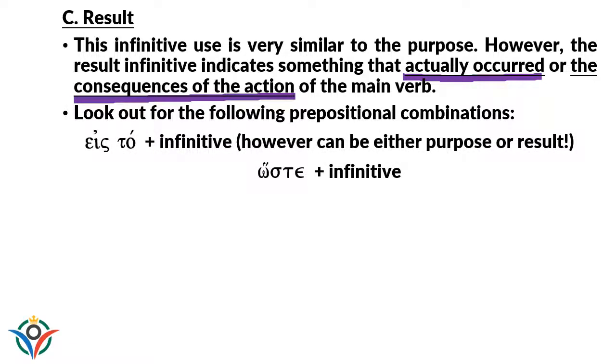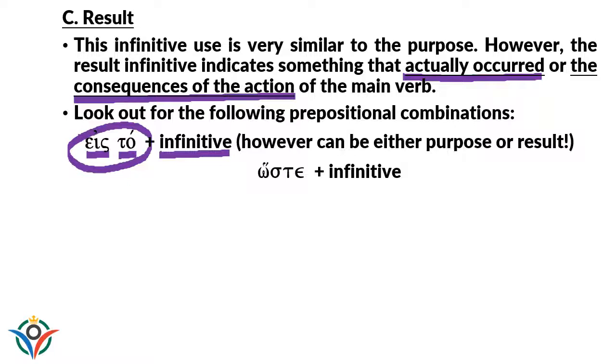Look out for the following prepositional combinations. Eis plus to, the article, plus an infinitive will more than likely suggest a result infinitive. However, this combination can also be purpose.